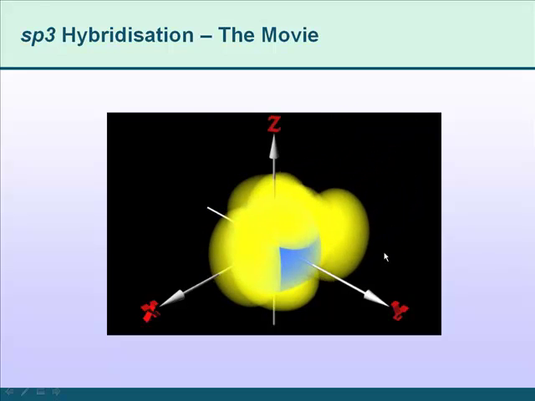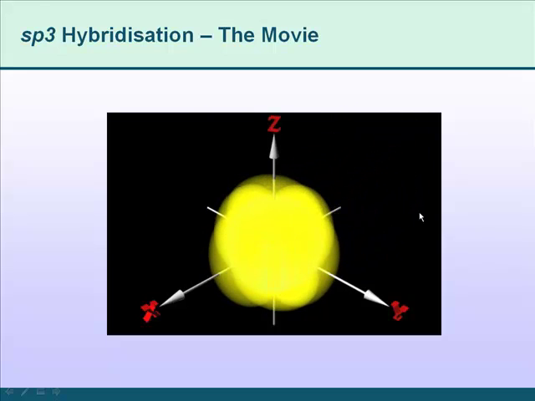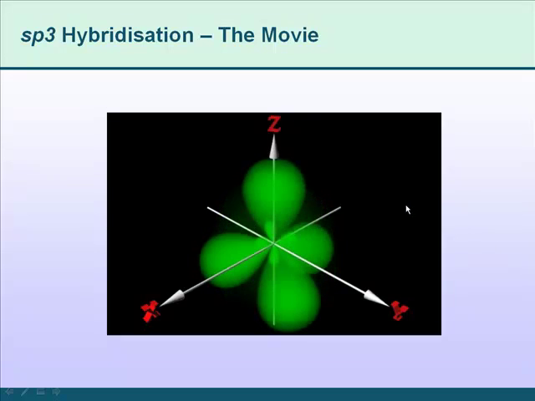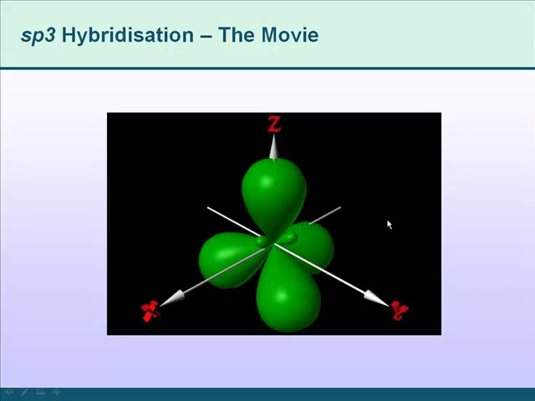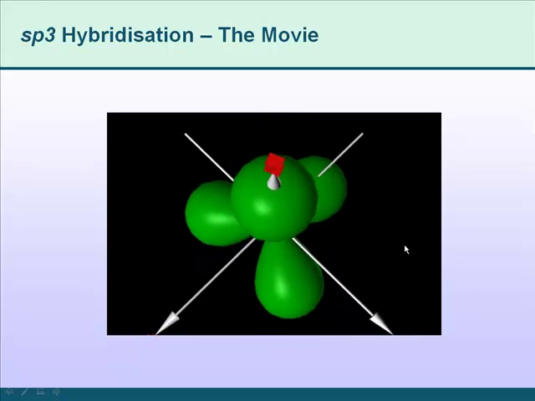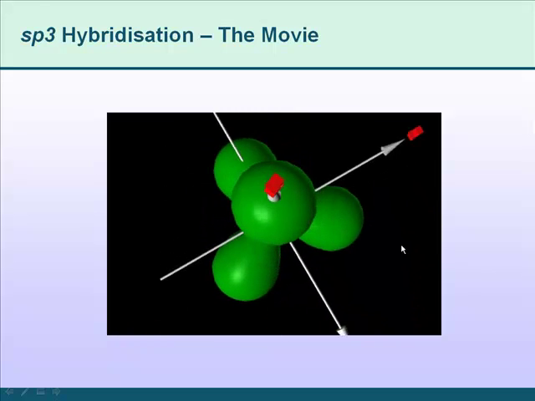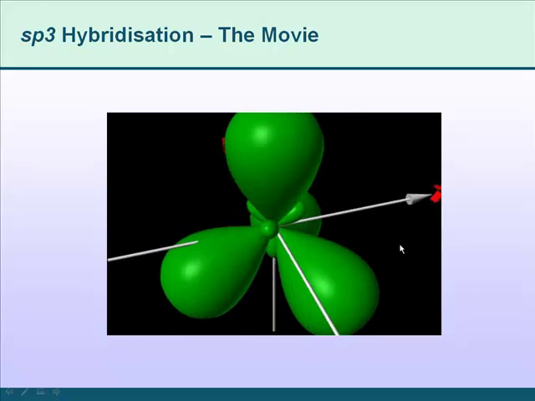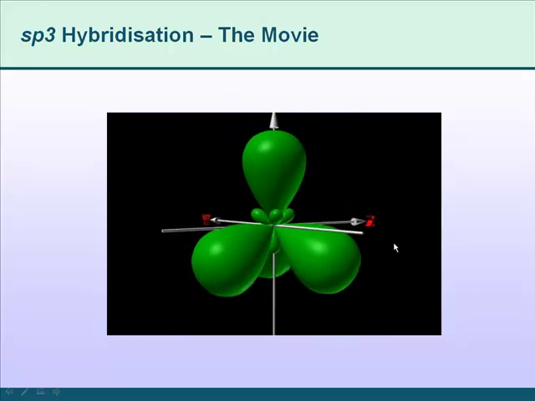So they will come in, and then we'll see them all mixing up to give our 4 new hybrid orbitals, which are the correct representations for the valence orbitals of a carbon atom. And then we'll do a 3-dimensional trip around this carbon atom to show the 3-dimensional arrangement of these hybrid orbitals, and this is the tetrahedral 3-dimensional shape that I've talked about.